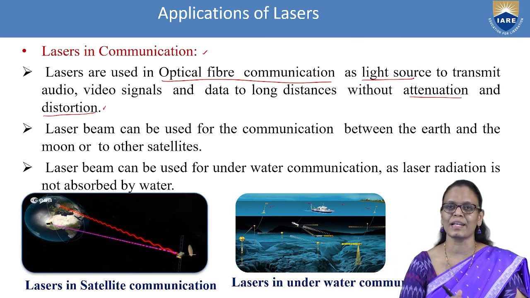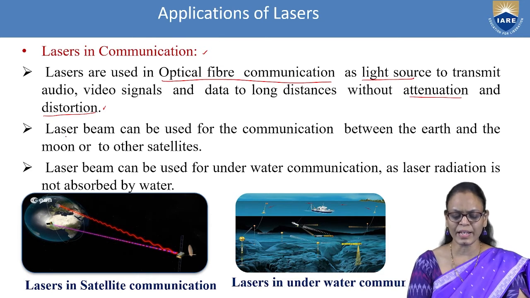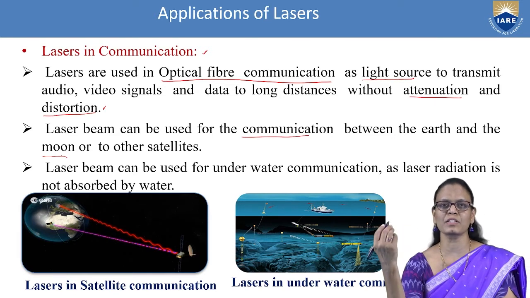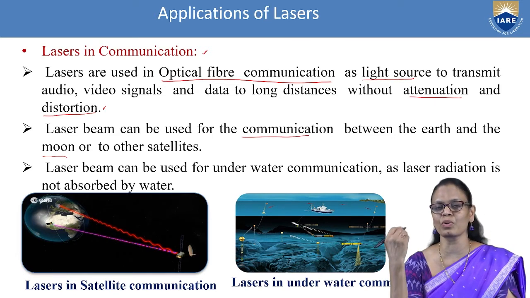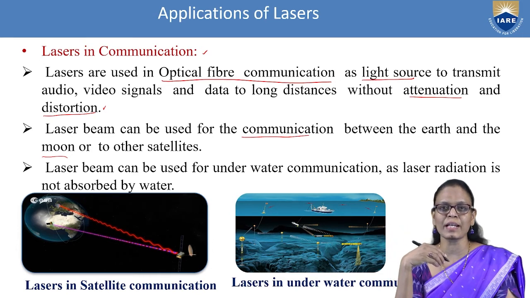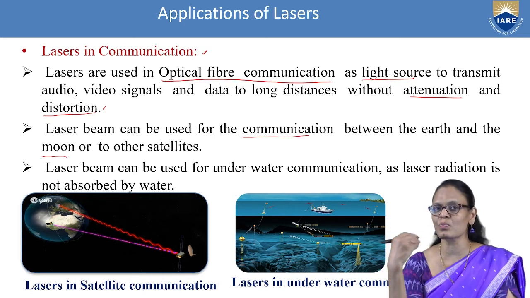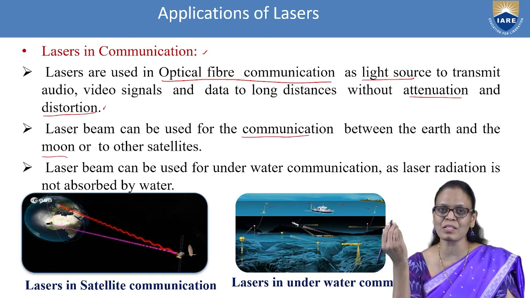With the help of laser, the laser beam can be used for communication between Earth and Moon. If you can imagine the distance between Earth and Moon, it is very large. Now when we are using laser beam, because the divergence is very less, it can travel very straight.